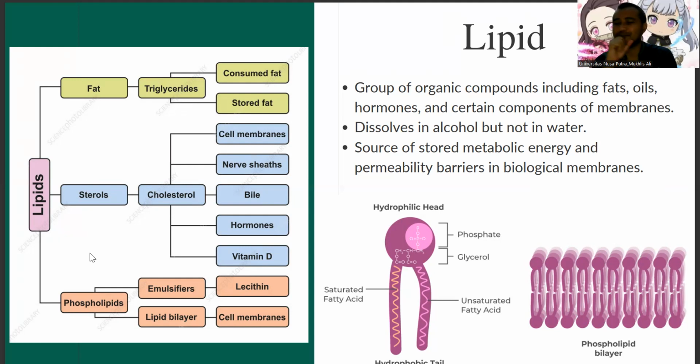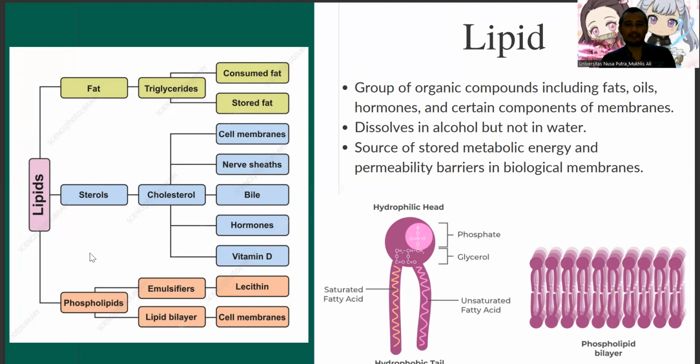Maybe you're familiar with cholesterol. Actually cholesterol is not mostly negative, because cholesterol can develop cell membranes, nerve sheaths, bile, hormones, and vitamin D.